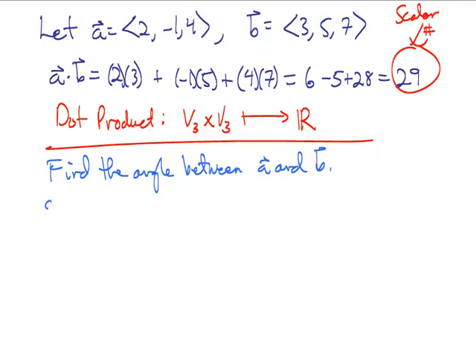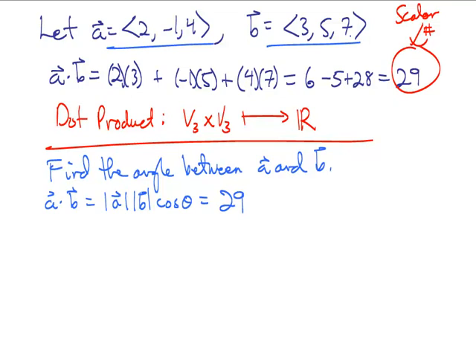Now, we know right away, from what we've done already, that A dot B is equal to the magnitude of A times the magnitude of B times the cosine of theta, but we also know from what we just did, I'm using the same vectors here, that it's equal to 29. So I should be able to find now the magnitude of A, the magnitude of B, and then solve for theta. I think I can do that.